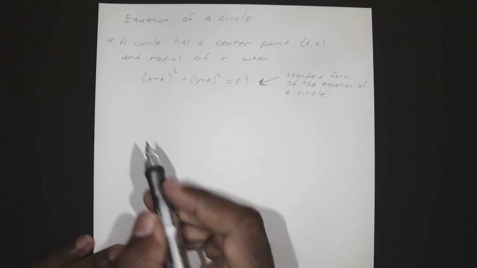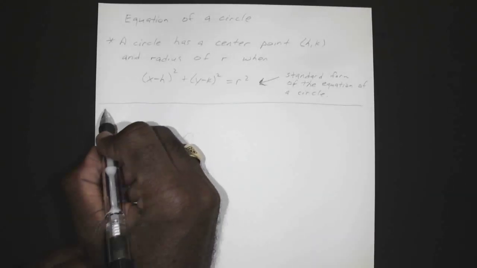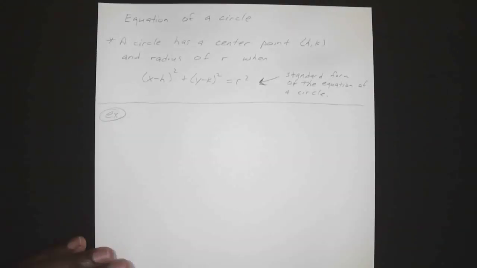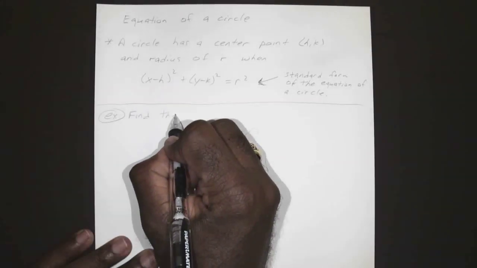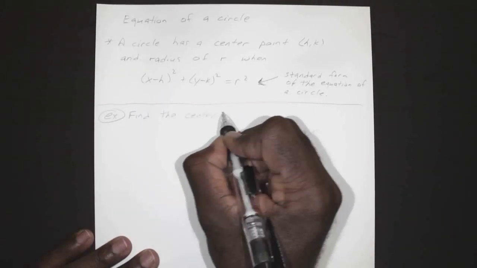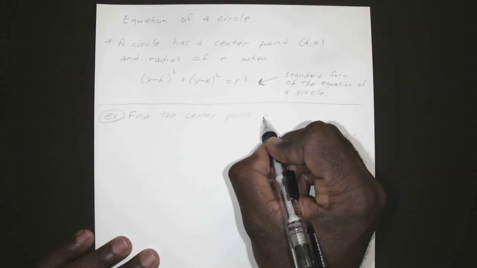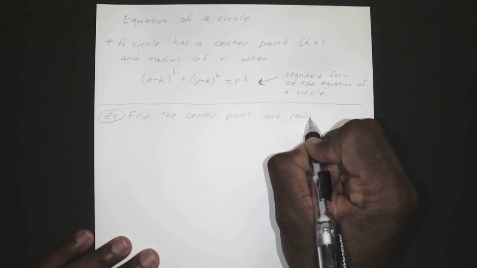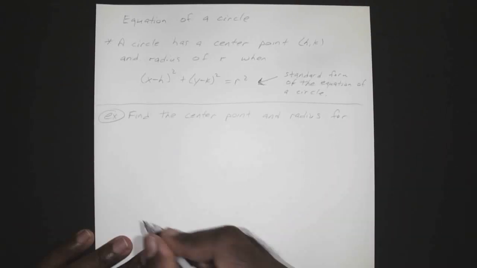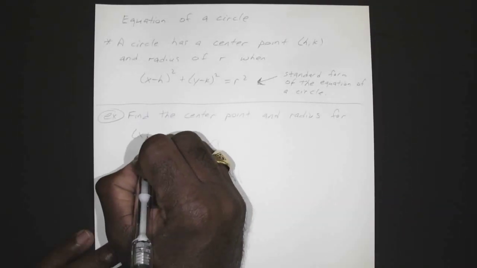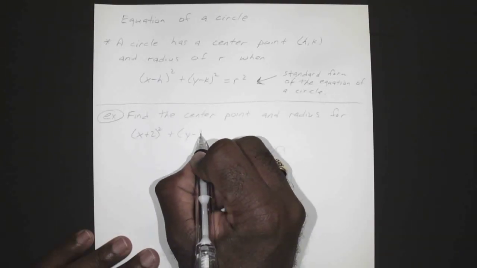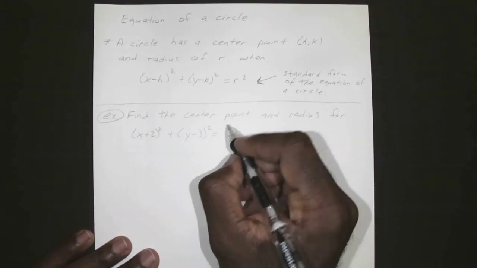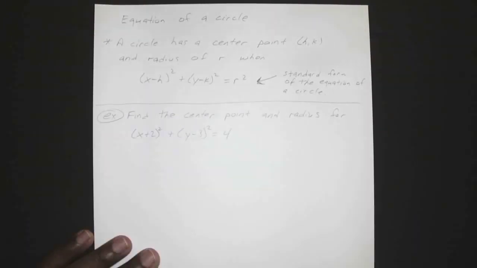Okay, so let's say, for example, we want to find the center point and radius for, let's say, (x plus 2) squared plus (y minus 3) squared equals 4.